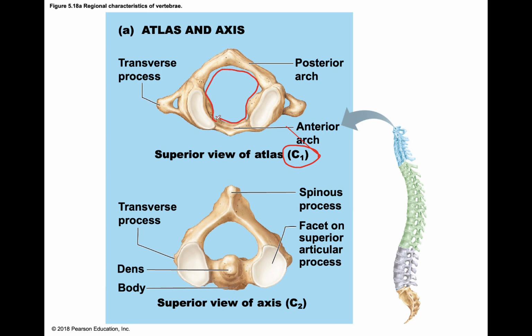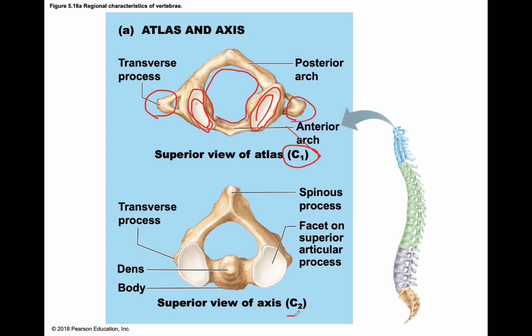So it has a very large vertebral foramen. Its transverse processes definitely point more laterally than any of the other ones. And it has these really smooth superior facets because these are what actually bind with the bottom part of your skull. So the bottom part of your skull sits here and here on C1.